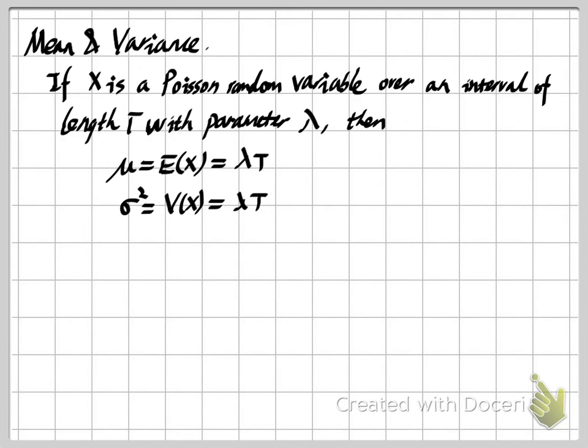For the Poisson distribution, if X is a Poisson random variable with the length of the total interval being a capital T, and the parameter is lambda, then the mean, or the expected value of our random variable, is lambda times capital T. And the variance, also denoted by sigma squared, is also equal to lambda times capital T.